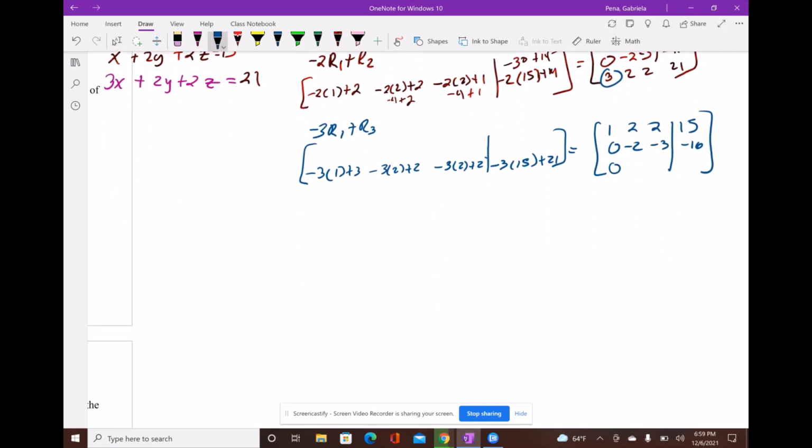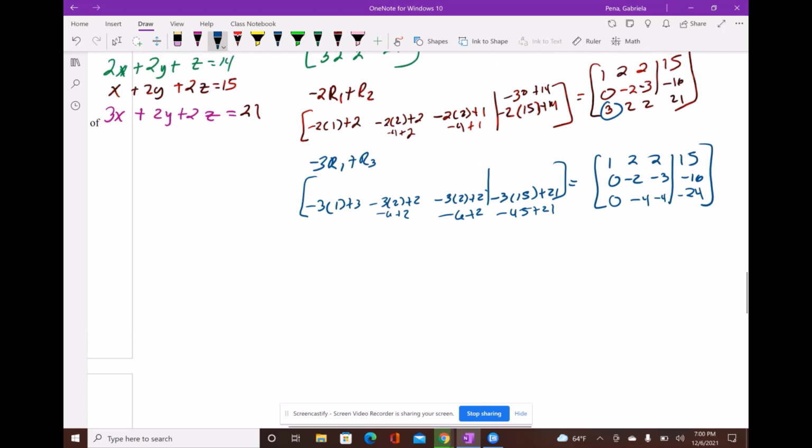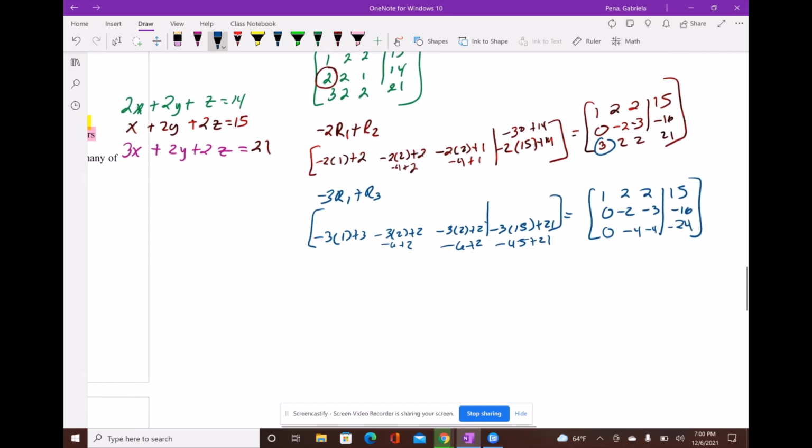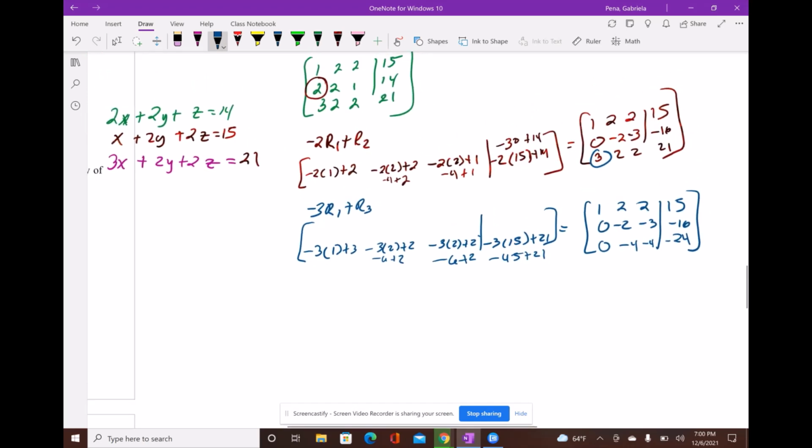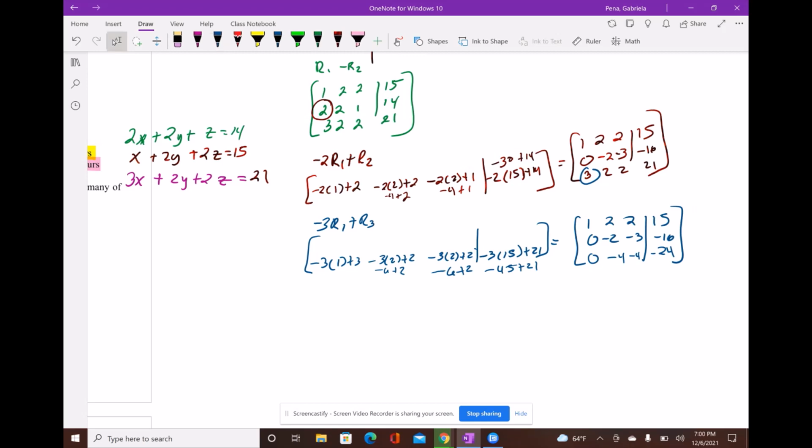This is 0. That's negative 6 plus 2, negative 4. Negative 6 plus 2, negative 4. Negative 45 plus 21. Is that negative 24? I think so, right? Are we good so far?